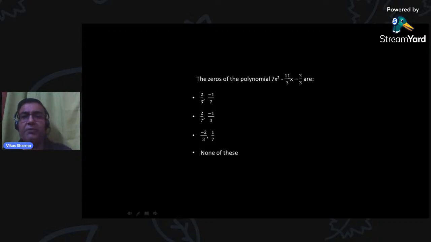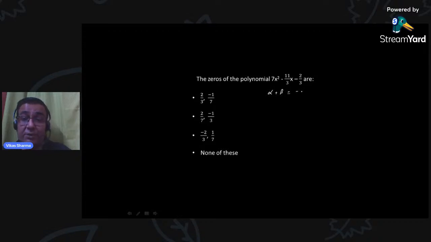So we need to find the zeros. Since we have already learned about the product of the zeros and the sum of the zeros, we know that alpha plus beta is minus b upon a.